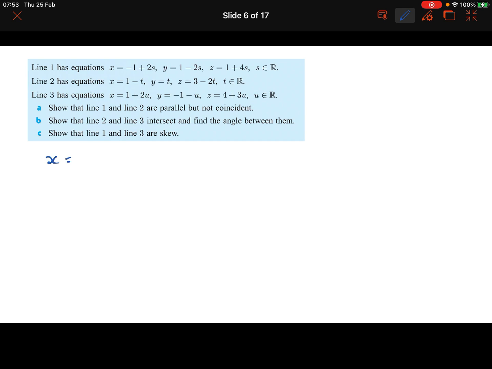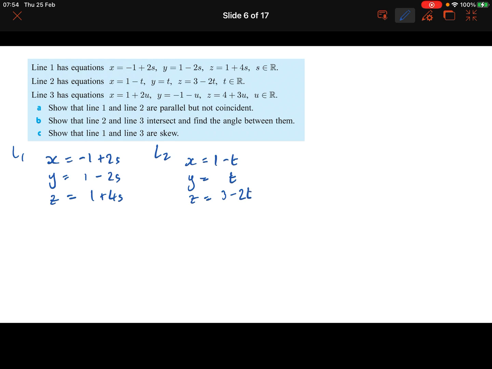So x equals minus 1 plus 2s, y equals 1 minus 2s, and z is equal to 1 plus 4s. So that's line 1. Line 2 is x equals 1 minus t, y equals t, z equals 3 minus 2t.